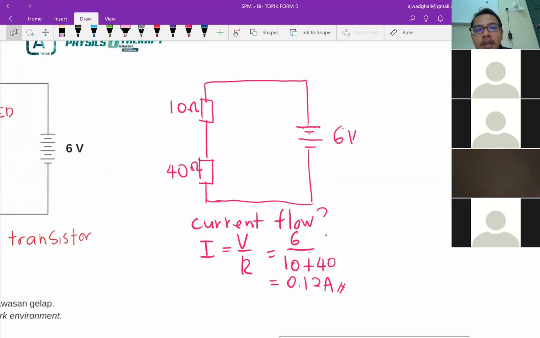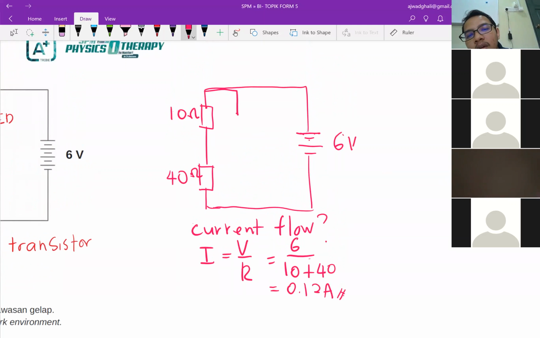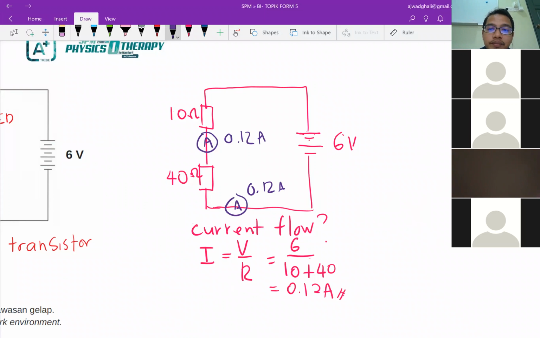Meaning, how much current flows here is 0.12, and the current flowing here is 0.12. Same.